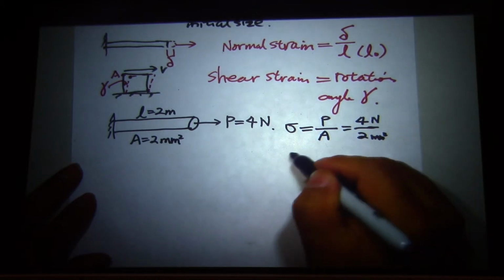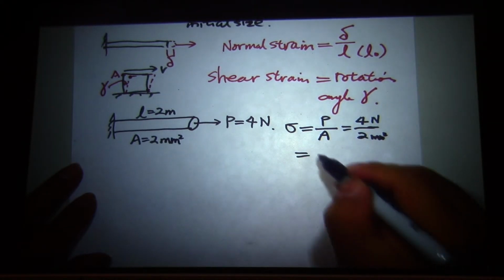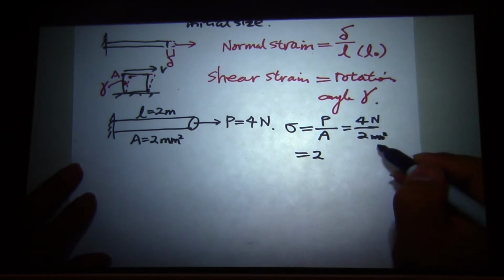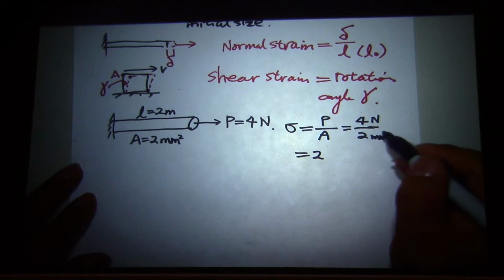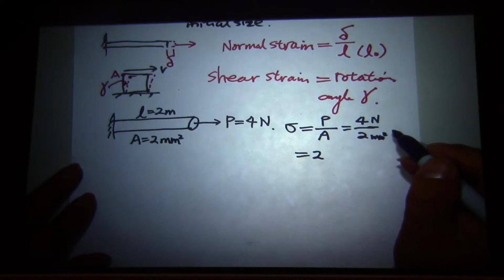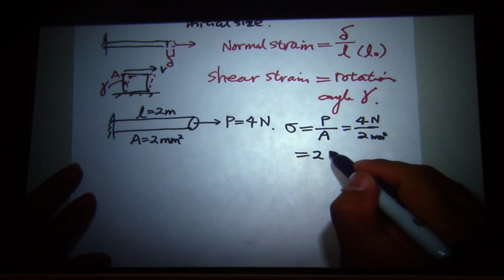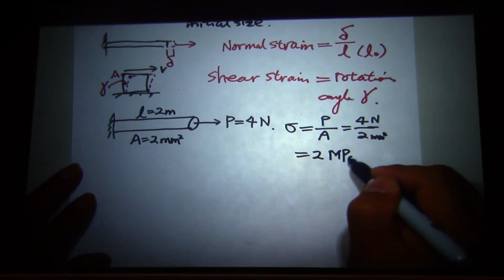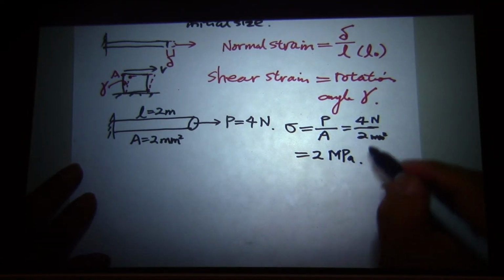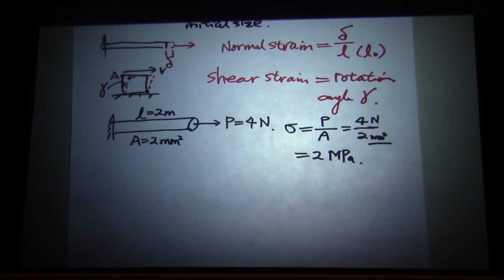The value will be 2 newtons per square millimeter. What if you translate to Pascal? It will be 2 megapascal, because a millimeter squared is 10 to the minus 6 meters squared, and 10 to the 6 is mega. Megapascal. Okay.